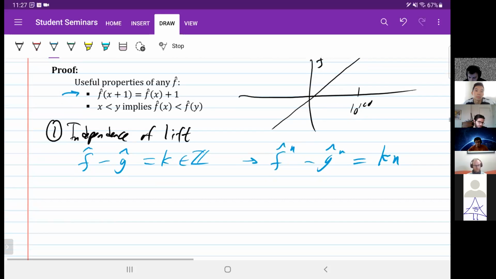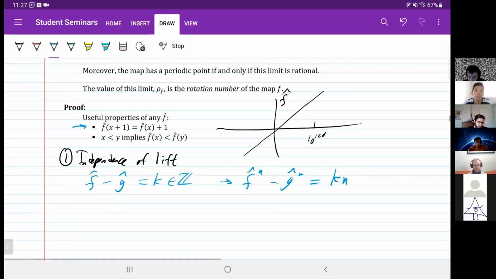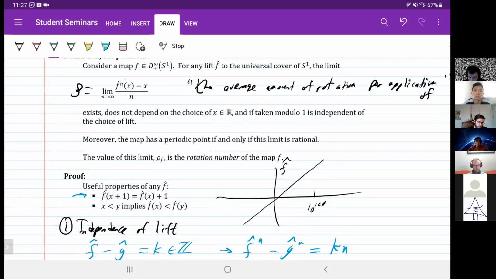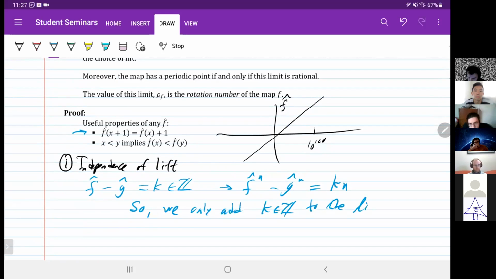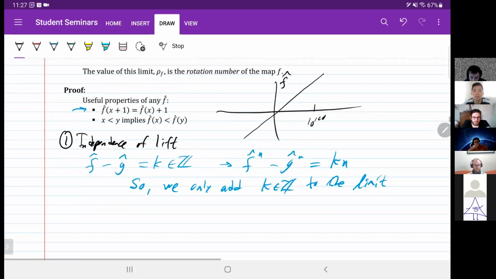Okay, so that means if I look at my limit above, the only cost in this limit to replacing f with g is that I've just added k times n. And so I'm just adding an integer k to the limit. So I claim that if I don't care about adding an integer, this doesn't matter.